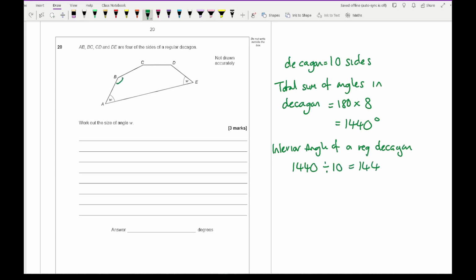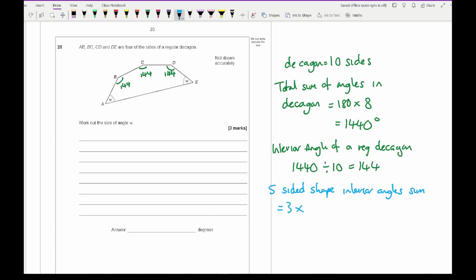So that means that this angle here is 144, this angle here is 144, and this angle here is 144. Now, what I know is in a 5-sided shape, the interior angles sum is going to be 3 times 180.